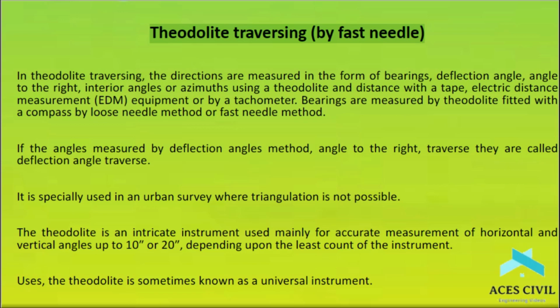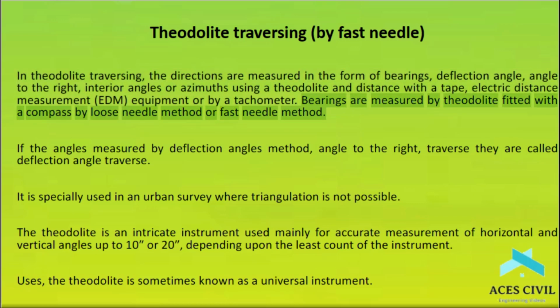Theodolite traversing, by fast needle. In theodolite traversing, the directions are measured in the form of bearings, deflection angle, angle to the right, interior angles, or azimuths using a theodolite, and distance with a tape, electric distance measurement (EDM) equipment, or by a tacheometer.